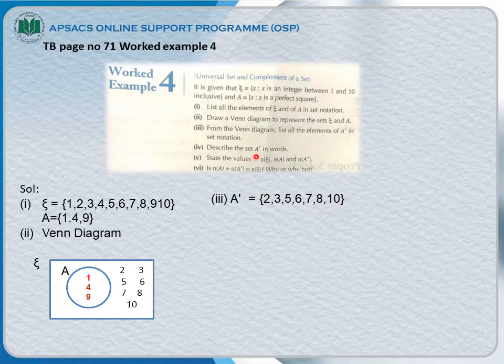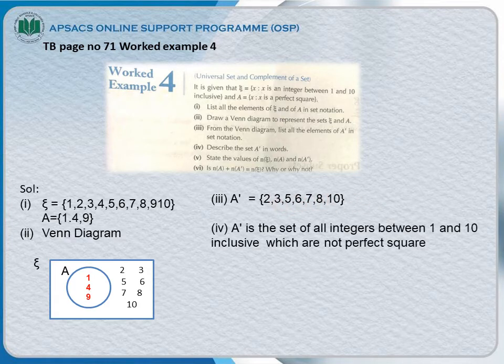Describe the set A prime in words. 2 is not a perfect square, 3 is not a perfect square, 5 is not a perfect square, so all the elements are not perfect squares. So in words, A prime is the set of all integers between 1 and 10 inclusive which are not perfect squares.